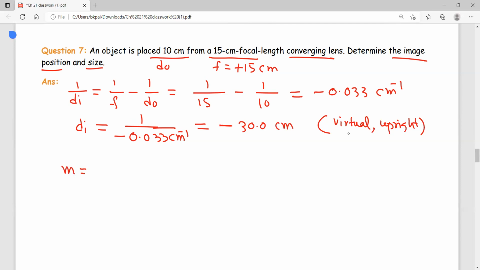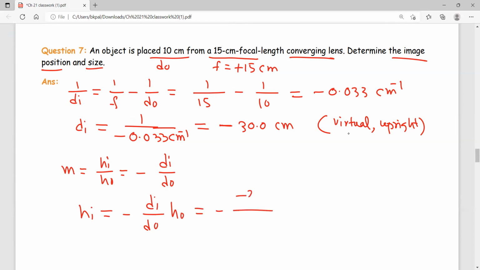Now we are going to do that. So m is hi over ho, which equals minus di over do. Here hi is similar to the last problem, and di is negative 30, do is positive 10, and ho is not given.